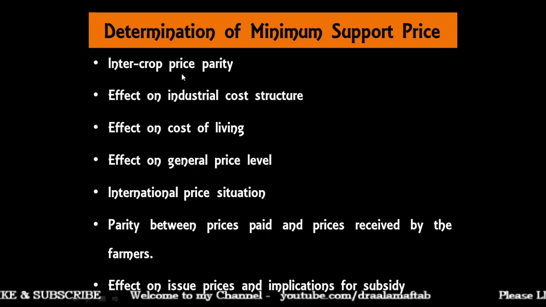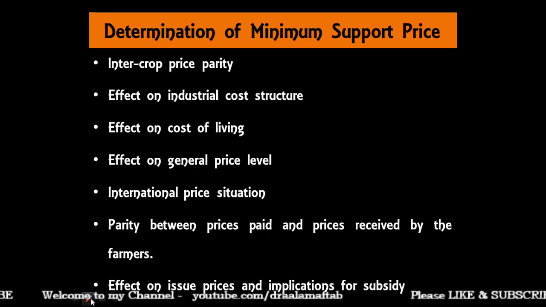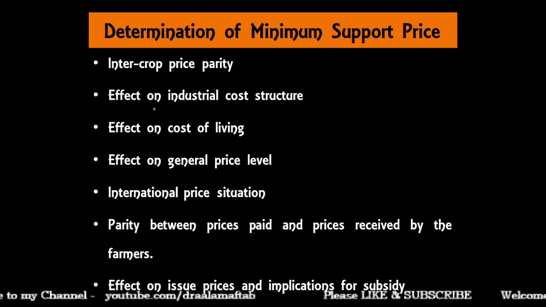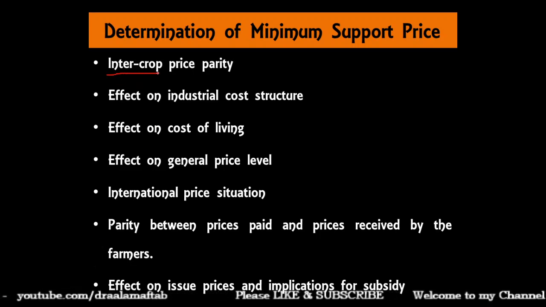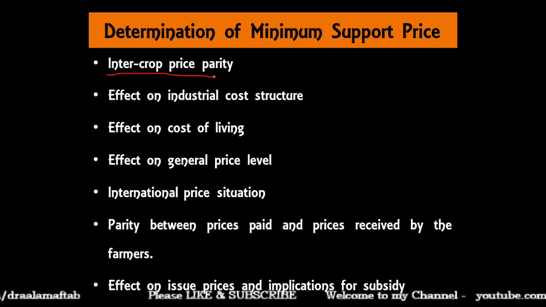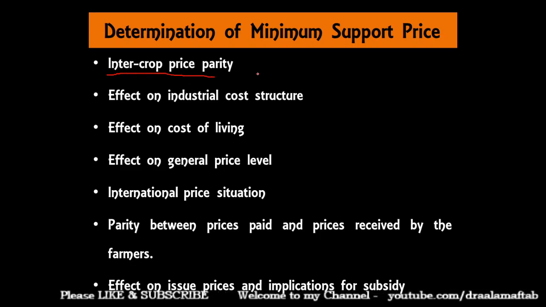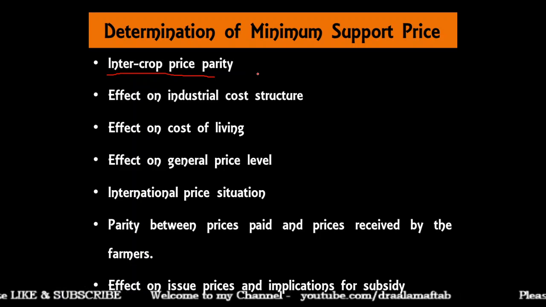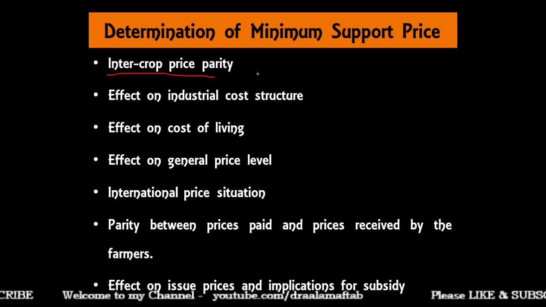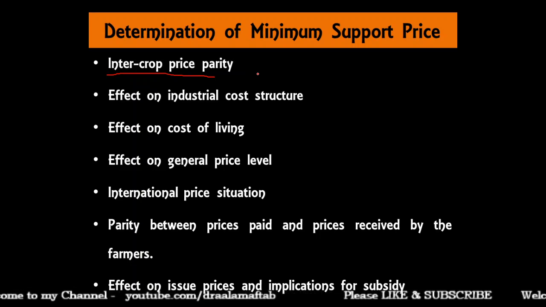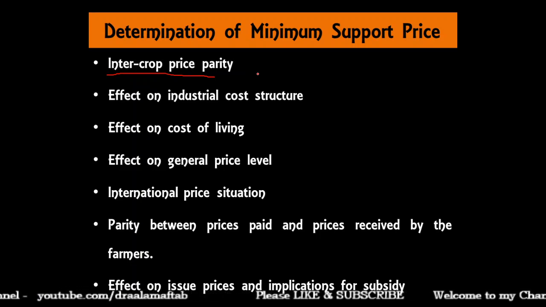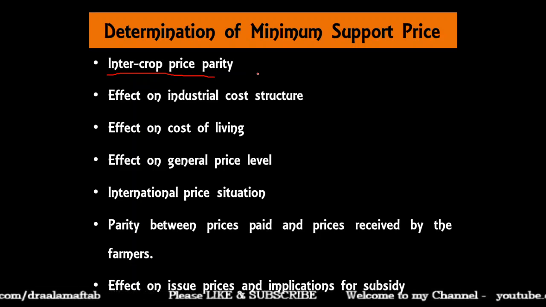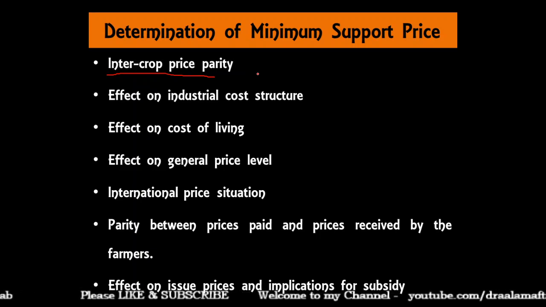Next factor is intercrop parity. Intercrop price comparison is made, like wheat price, paddy price, pulses price. Their ratios are calculated before deciding the minimum support price.